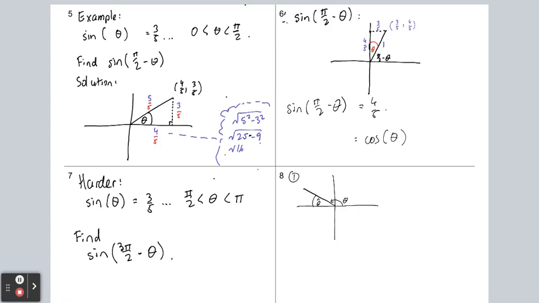And we said that sine theta equals 3/5. That makes sense because even though it's in the second quadrant, sine is positive. So that's okay as well. What we have is in this triangle, we're going to do the same thing again. Opposite over hypotenuse is sine. So that's going to be 3 over here and 5 over here.